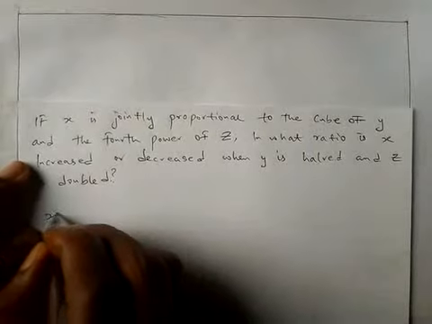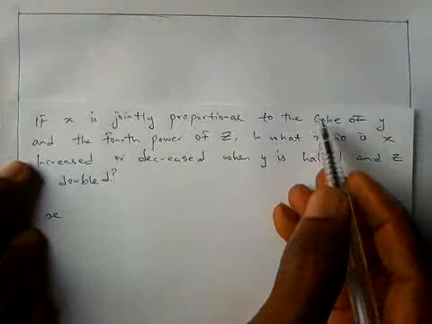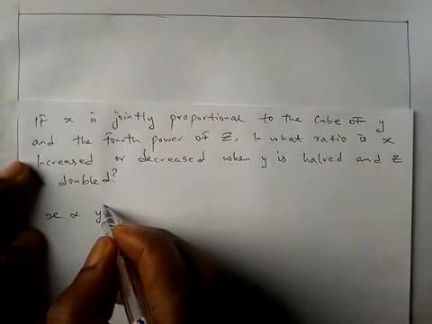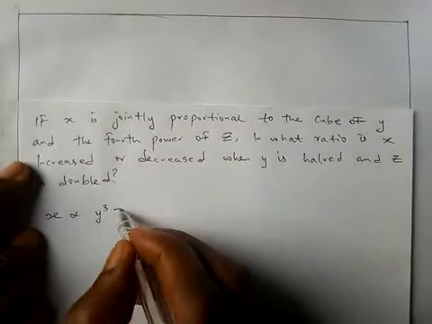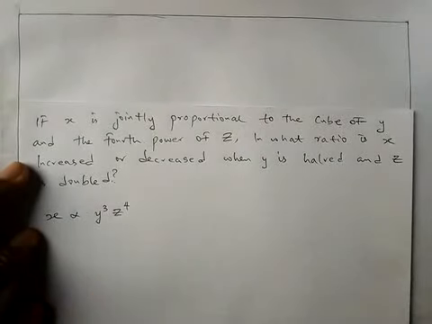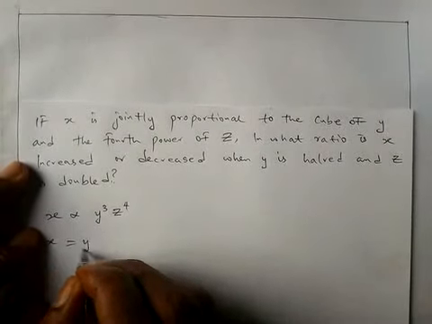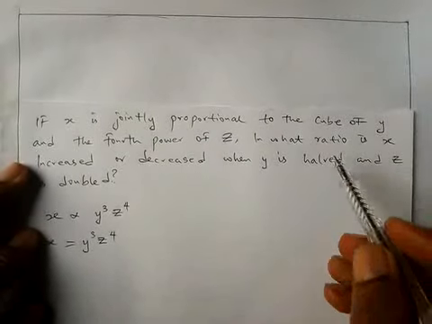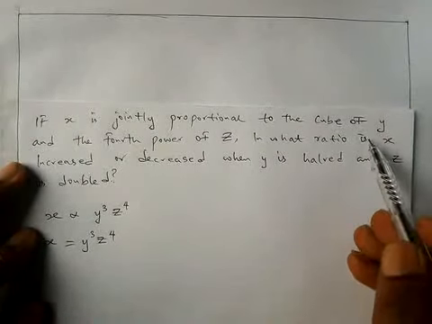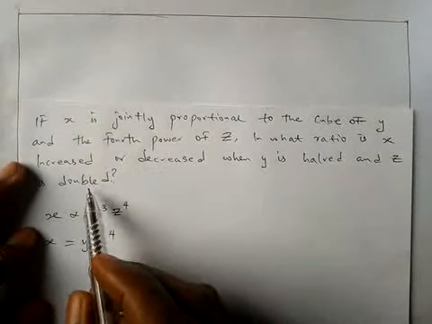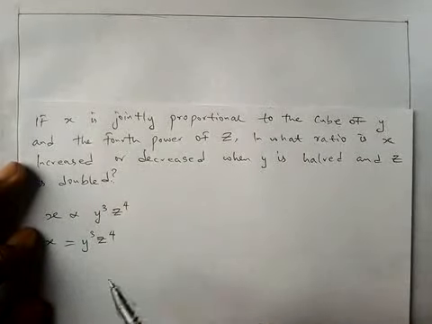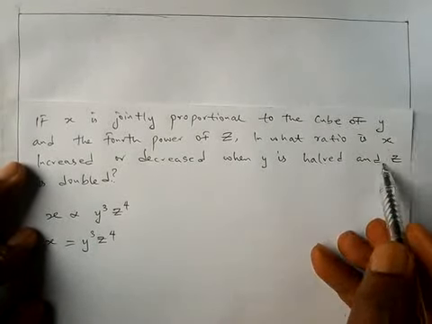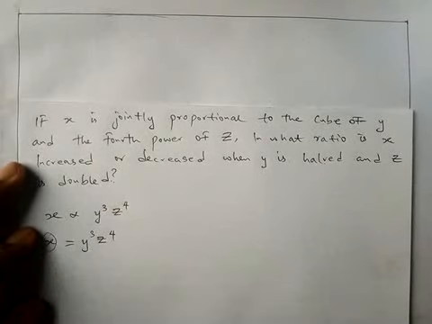Okay, S is jointly proportional to the cube of y and the fourth power of z. So S is equal to y raised to power 3, z raised to power 4. So in what ratio, when you now have a new S, is S increased or decreased, such that if y is halved and z doubled, how will it affect S?